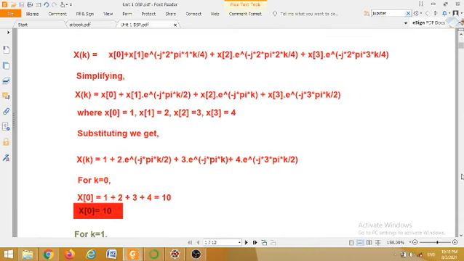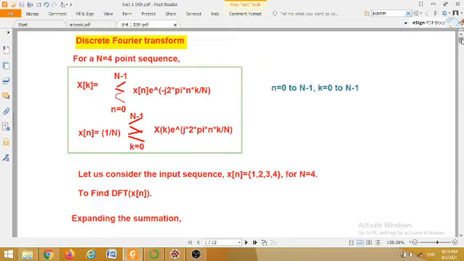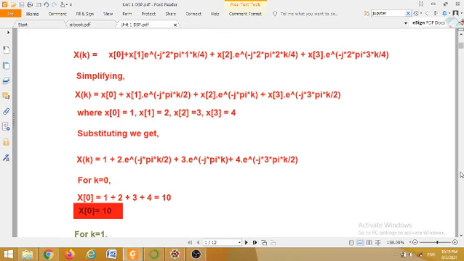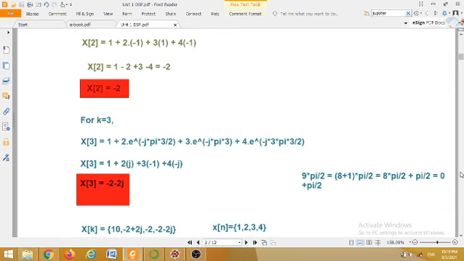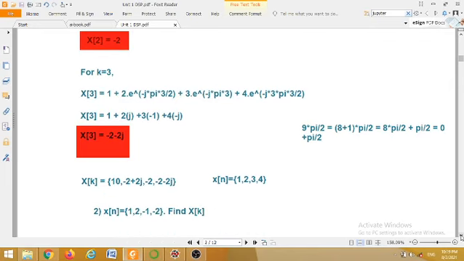So we have found the DFT for a sequence. Initially we took a 4-point sequence and computed the DFT for it. For x of n equal to 1 2 3 4, X of k is found as 10, minus 2 plus 2j, minus 2, and minus 2 minus 2j.